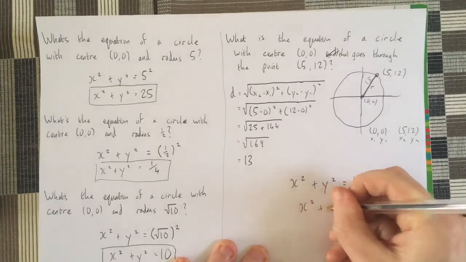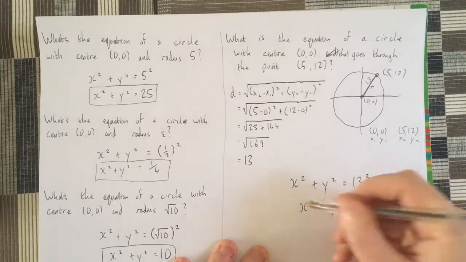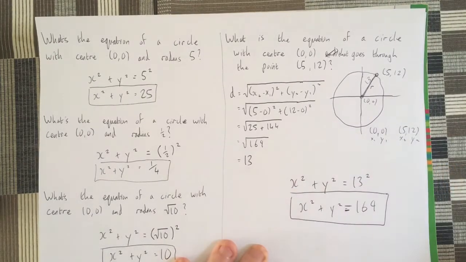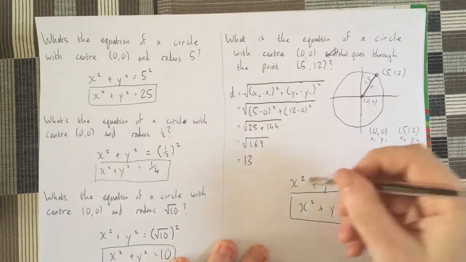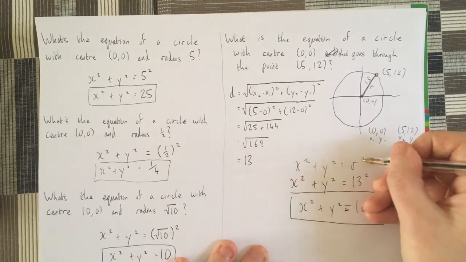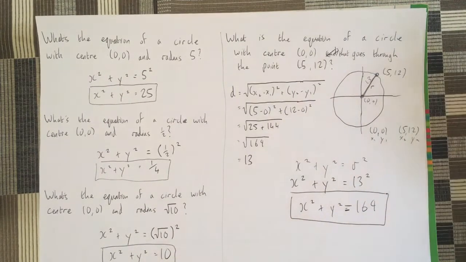So x squared plus y squared equals 169. And that's your answer. If you're writing this answer in an exam, no harm to write x squared plus y squared equals r squared. That's your formula, so you'll get marks for putting that in and subbing into it correctly. But x squared plus y squared equals 169 is your final answer there.